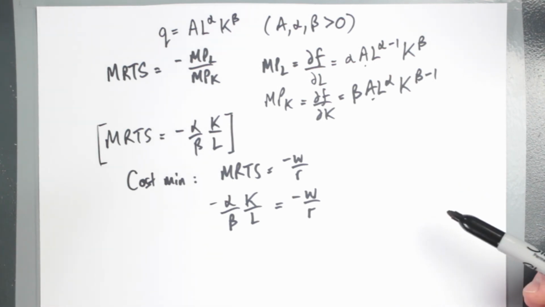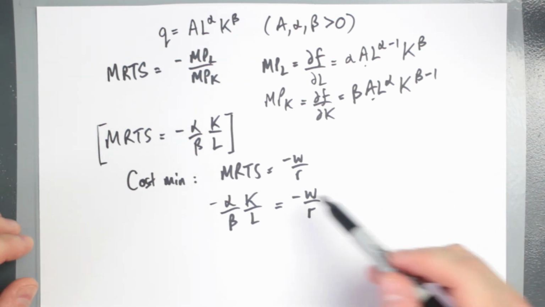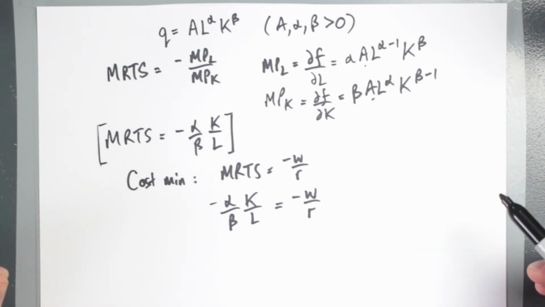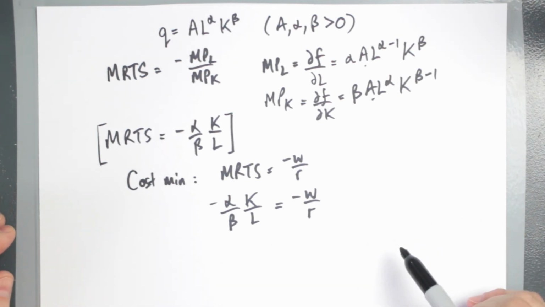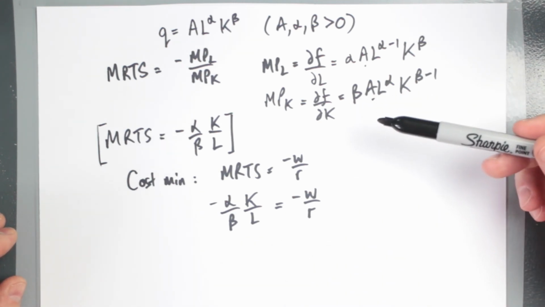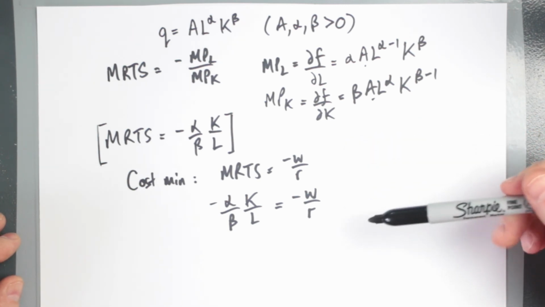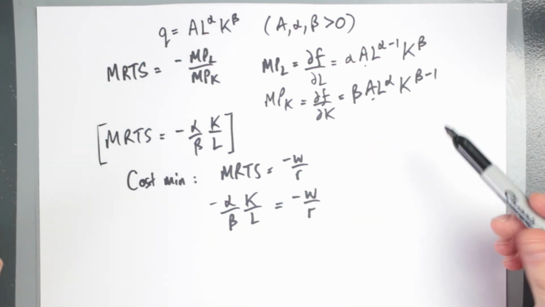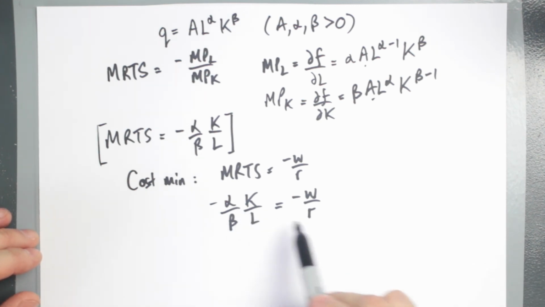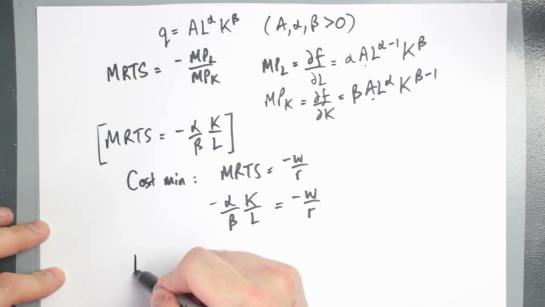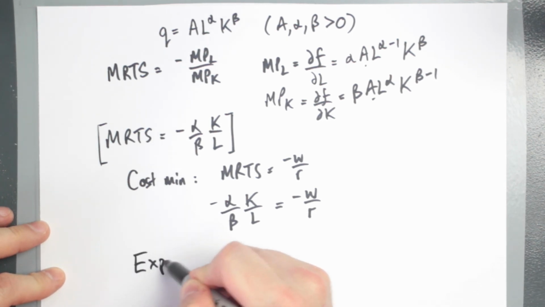As long as we have an interior solution, this is one of the equations that will hold when we're cost minimizing. So this is what we need for our expansion path. Now, when we draw a diagram of the expansion path, we're drawing it with labor on the horizontal axis and capital on the vertical axis. So to get the equation for the expansion path, I simply need to get K by itself in terms of L.